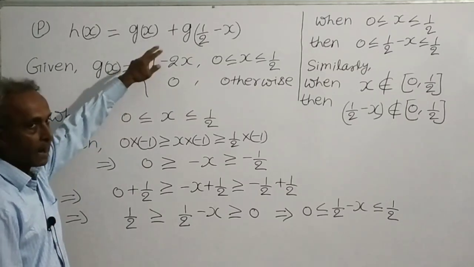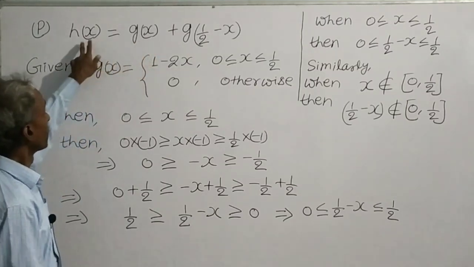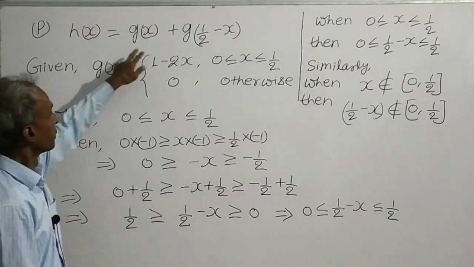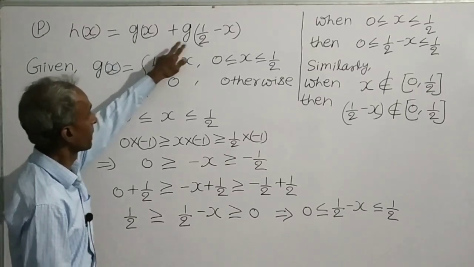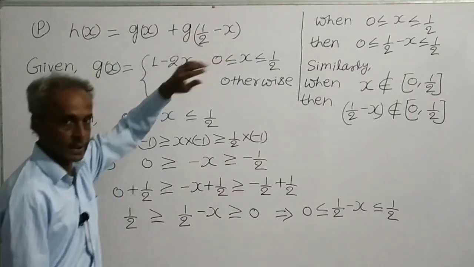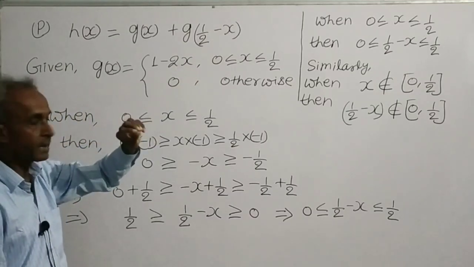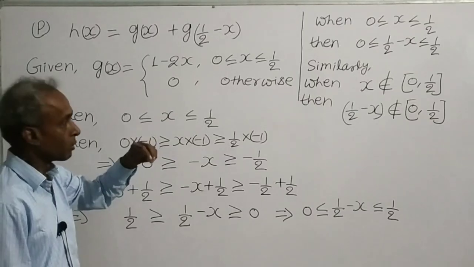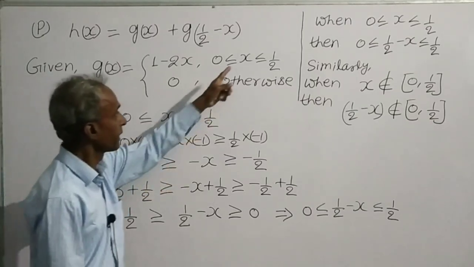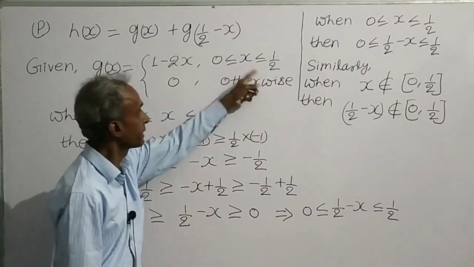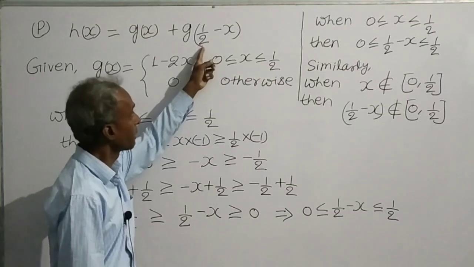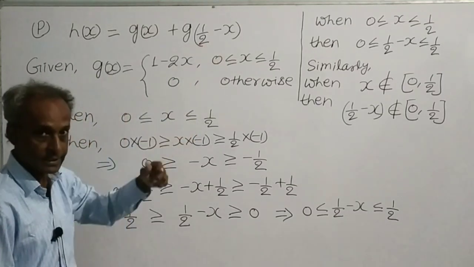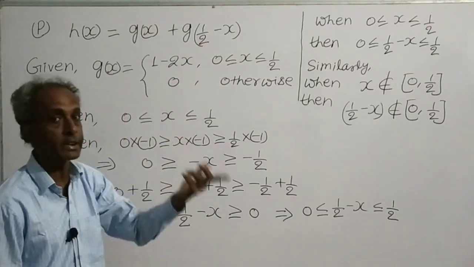Since we want to find Hx, which is equal to Gx plus G of 1 by 2 minus x, it is necessary that we first know that when x lies in this interval, then 1 by 2 minus x lies in which interval.